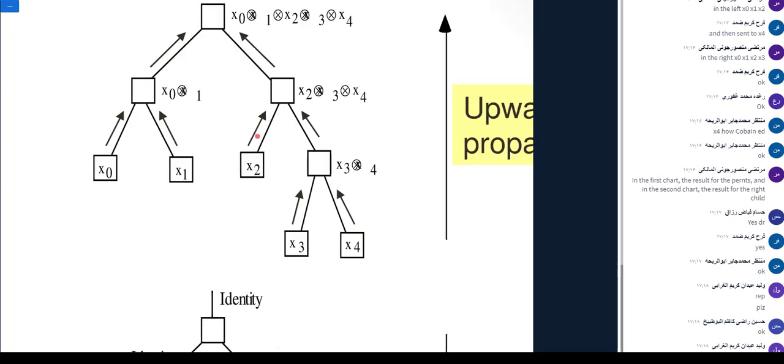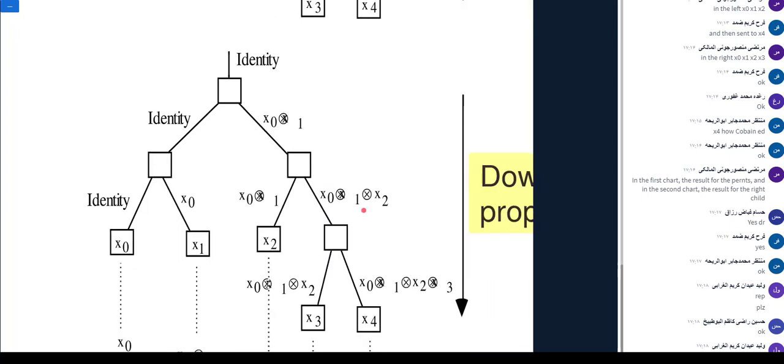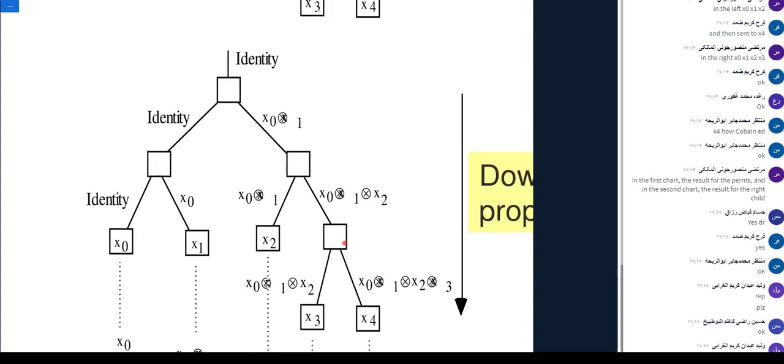What was the previous left? X2. And what is received now from up? 0, 1, and 2 to right: 0, 1, 2. Okay? How about this place?